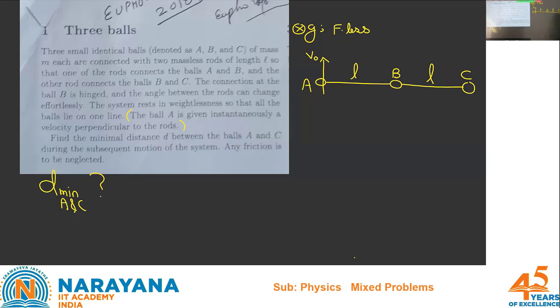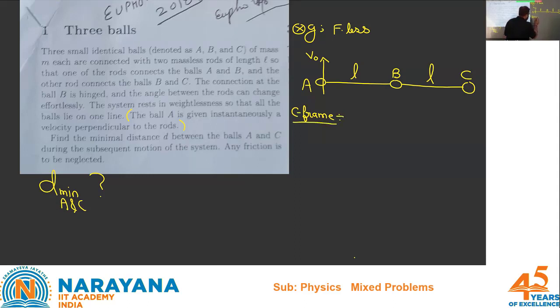Now, generally in such problems, we talk about conservation of linear momentum, energy, and angular momentum. If you look into the problem, the analysis can become a bit simpler if we talk about the C frame, the center of mass frame.